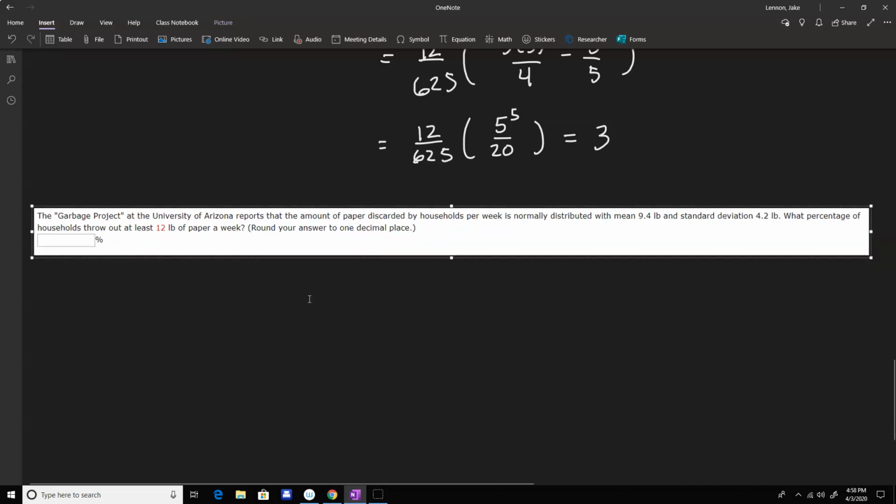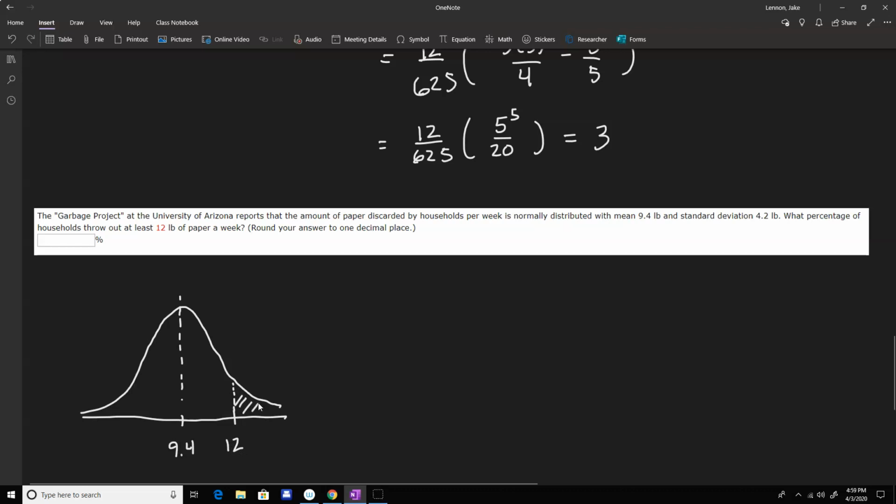Okay, so we have this project that talks about the amount of paper discarded, and we have the mean of 9.4 and the standard deviation of 4.2, and we know it's normally distributed. So basically what's going on here is we have some normal distribution, and we know the middle of it is the mean, which is 9.4, and then we're looking for the area for greater than 12.